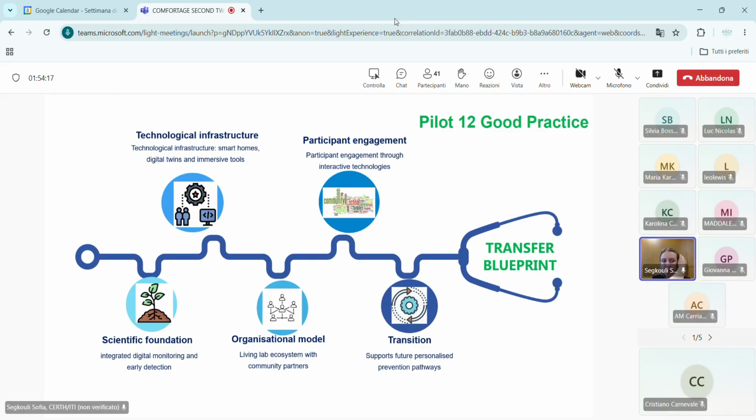And towards the final goal, which is personalized prevention pathways, older adults at risk of dementia will receive a continuous and, above all, holistic care experience.